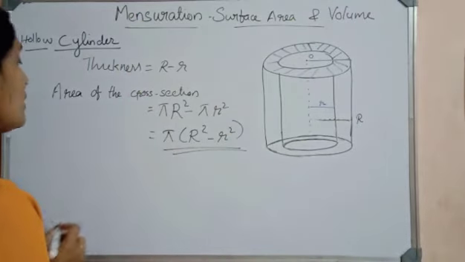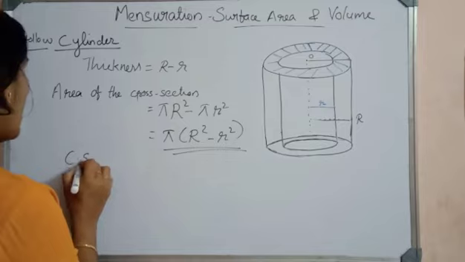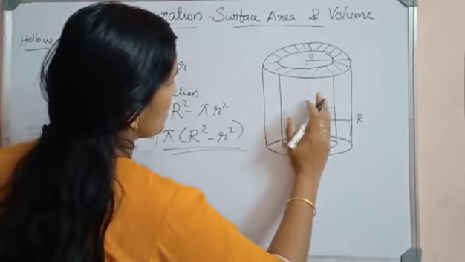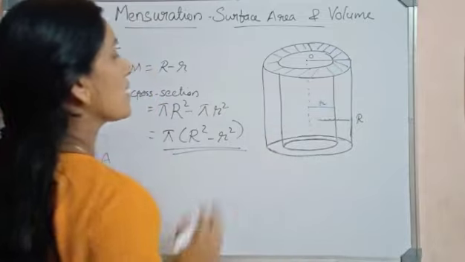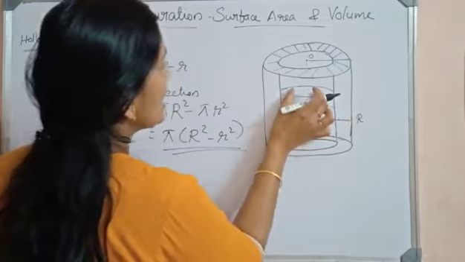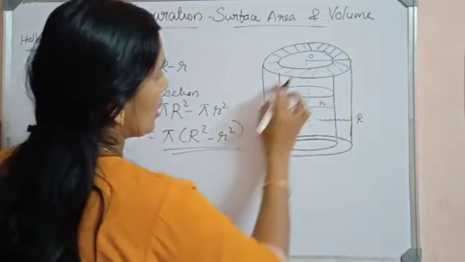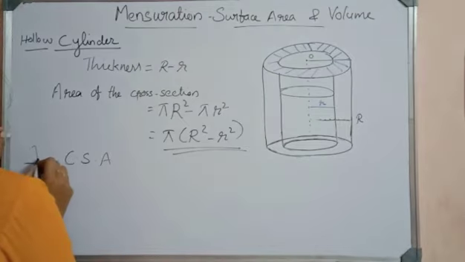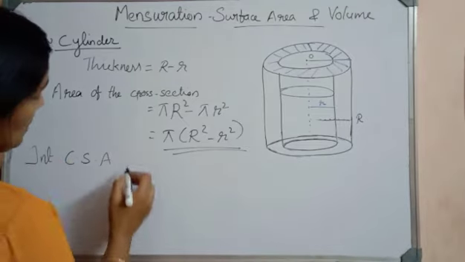Now if you consider the curved surface area, there are two curved surface areas. One is the internal curved surface area and the other one is the external curved surface area. When you consider the internal portion, you get the internal CSA, and when you consider the outer part, you get the external CSA. First let's find the internal curved surface area.